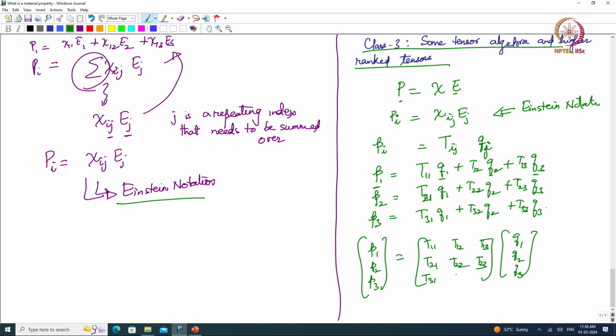I am going to come to that by the end of this lecture. I call this tensor a Tij tensor, where an element in this array is denoted as Tij. This is a second rank tensor, right.